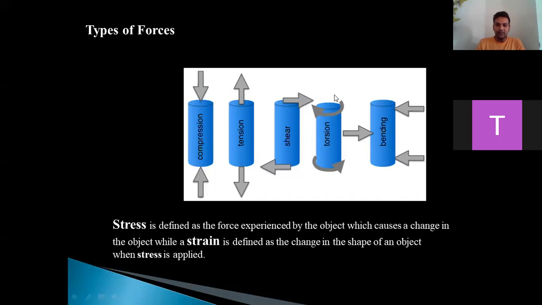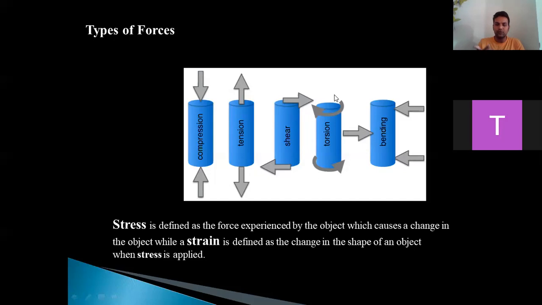Then in the third diagram, we can see that there is a shear force or shear activity. Here, the two equal and opposite forces work away from each other, but they are not acting on a single point. They are acting on different points.